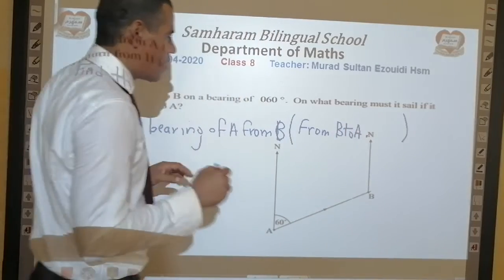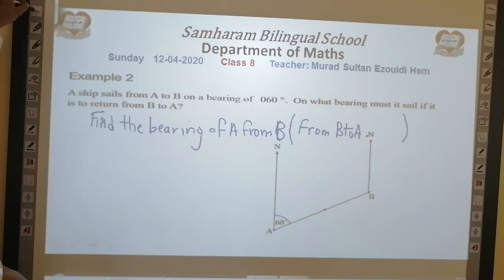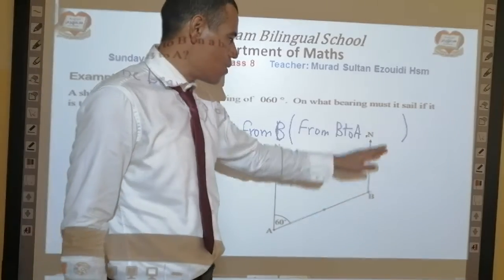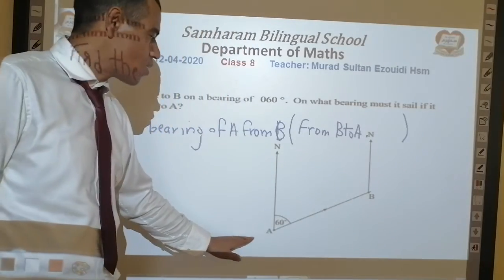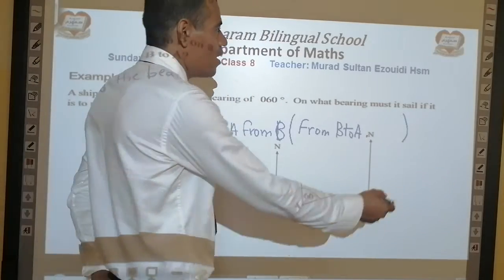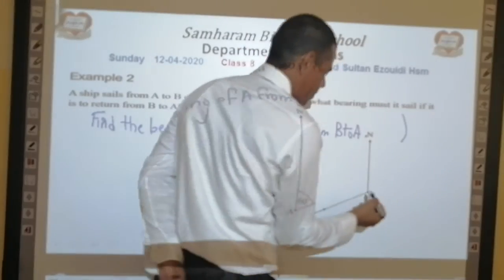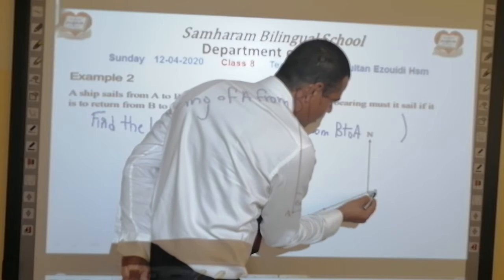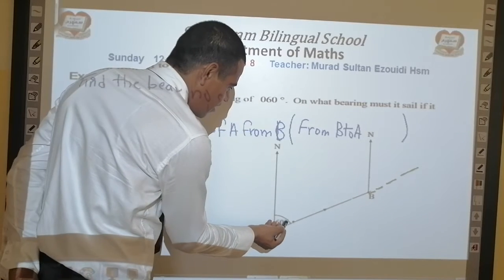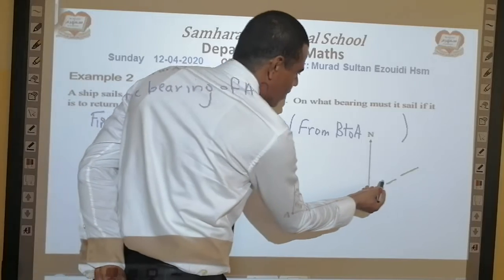Okay? So, first of all here, my kids, we have two parallel lines. The north is parallel to this one. And this one is the transversal, or the third line that cuts the two parallel lines. Here, my kids, I will extend the line like that. You can notice this is 60, and also this one is 60.